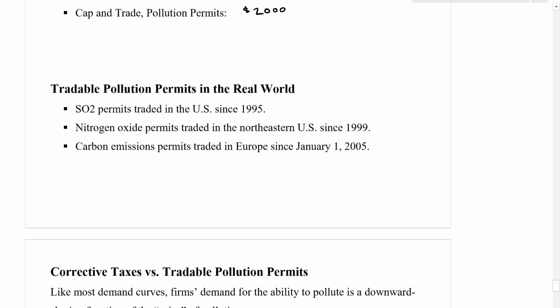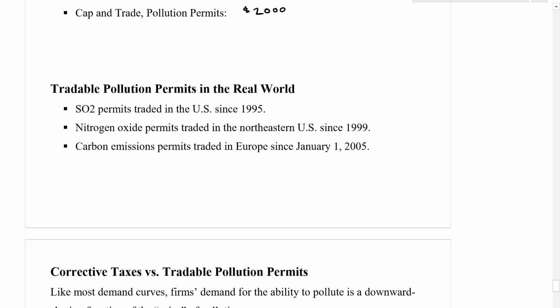So we actually do have a number of tradable pollution permits around the world. Here are a couple older ones where there actually have been sulfur dioxide permits traded in the United States. Europe does a number of tradable pollution permits. And in the end, some of the challenges with pollution permits are the initial allocation.